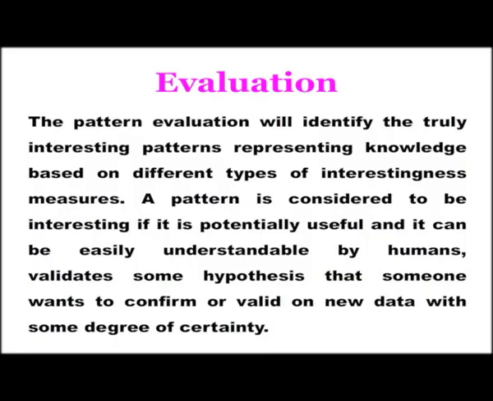Pattern evaluation will identify the truly interesting patterns representing knowledge based on different types of interestingness measures. A pattern is considered to be interesting if it is potentially useful and easily understandable by humans, and it validates some hypothesis that someone wants to confirm or validate on new data with some degree of certainty.